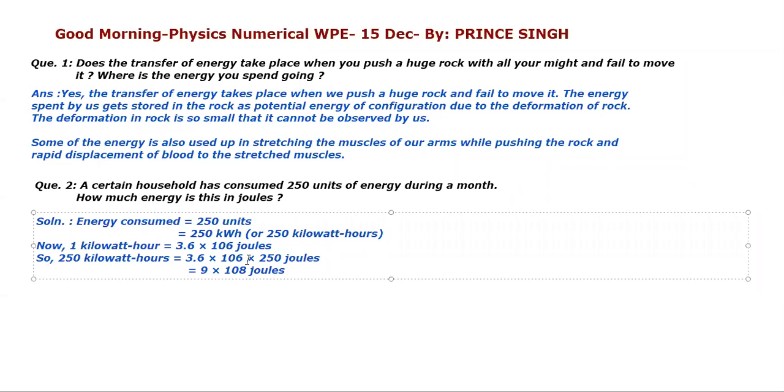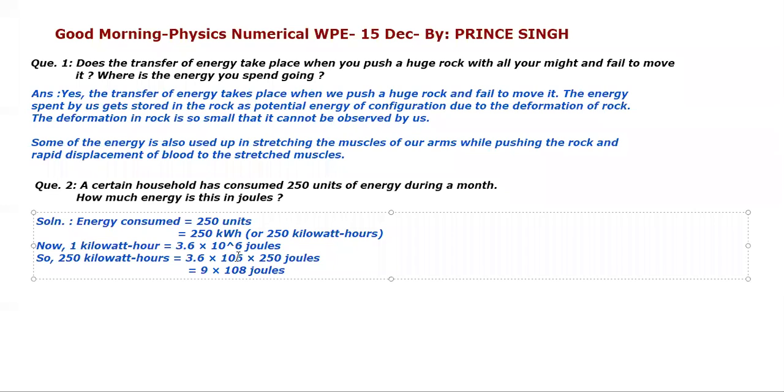So here is the answer, 9 into 10 power 8, as Bhumi has given the correct answer. Energy consumed 250 units. So 250 kilowatt hour is, kilo means 1000, and 1 kilowatt hour equals 3.6 into 10 to the power 6.